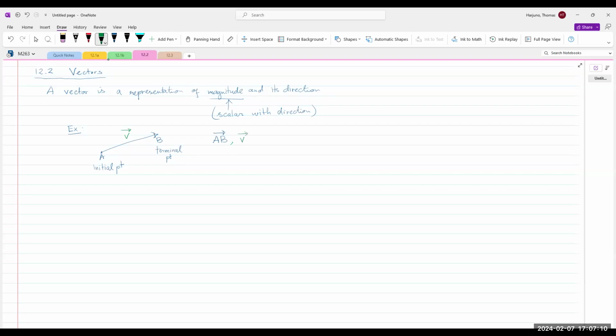Okay, now our textbook, however, writes a vector with a bold letter.